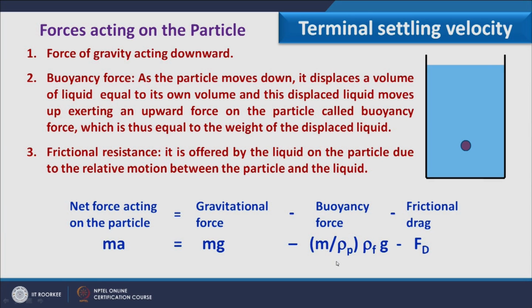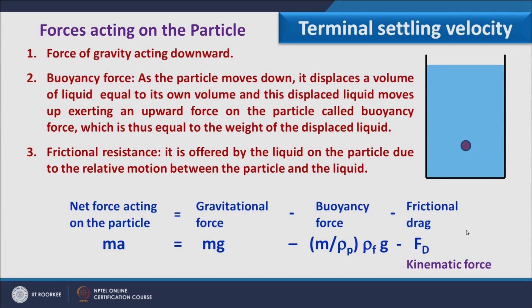What is m by rho p? It is the volume of the particle, and when we multiply this by rho f, we get the mass of the liquid which is displaced, times g. So, that is the weight of displaced liquid, and Fd we have used for frictional drag, and a is basically the particle acceleration.